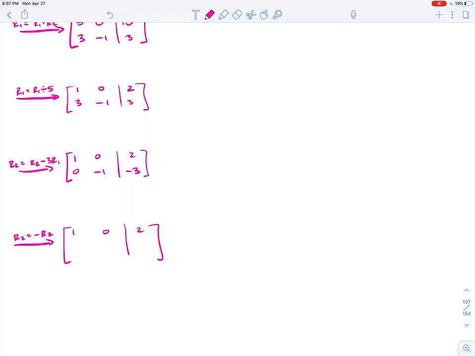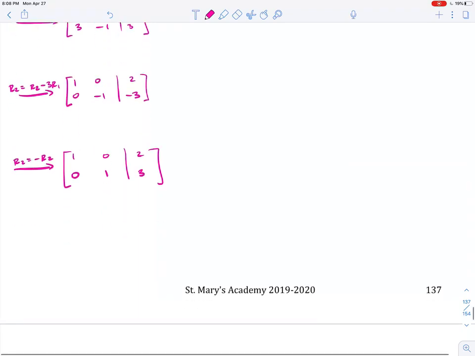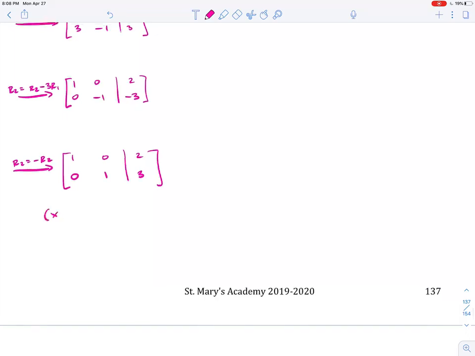Row 1, same. Row 2, yikes. I spotted this myself. No one pointed it out for me. I am a liar. Row 2 is its opposite. Opposite of negative 1 is 1. Opposite of negative 3 is positive 3.